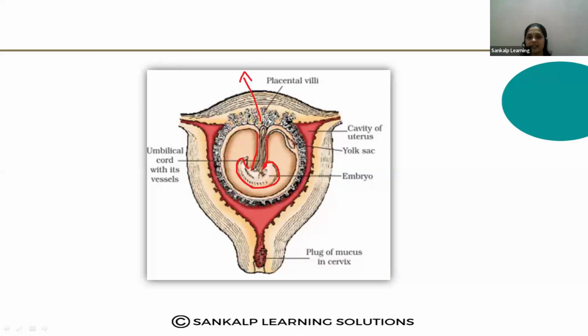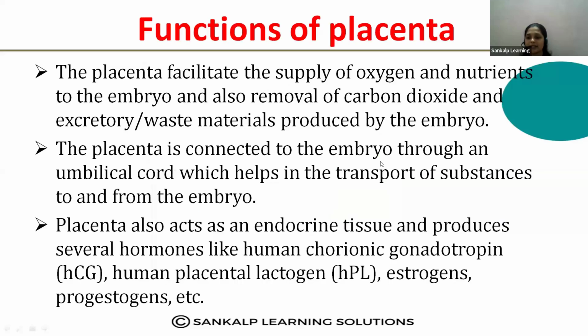The umbilical cord lies between the embryo and the placenta. This is the yolk sac, which is very small in humans, and this is the embryo. And the plug of mucus in the cervix. In the cervix region, you can observe the mucus here. So this is the structure of the developing embryo.